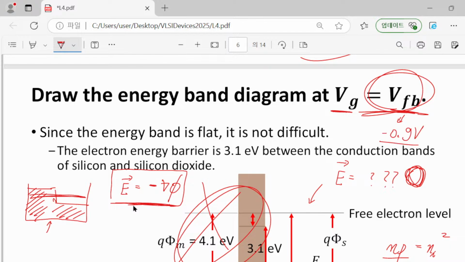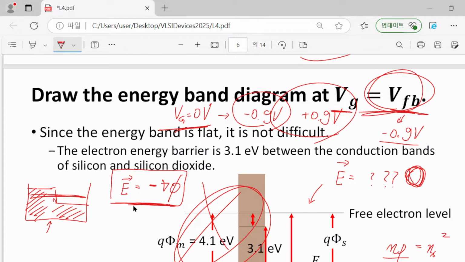Then in our current view, when we apply 0 volt to our case, this is treated as starting from the minus 0.9 volt flat band condition, and we additionally applied 0.9 volt.